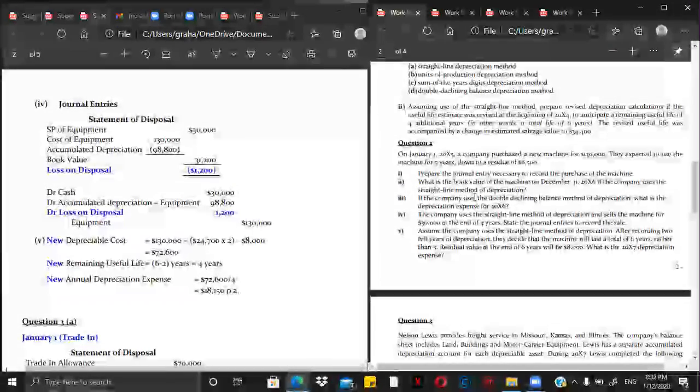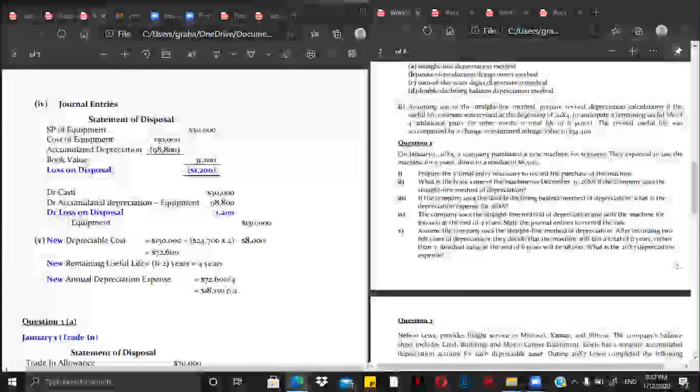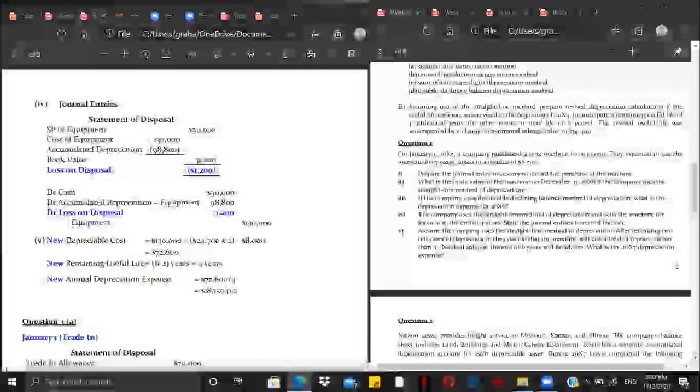And then, well, the new remaining useful life was already given in the question. Because we're revising it at the end of year 20x4, we're going to say the initial net book value, which was 360,000, minus the depreciation, which is 66,800, multiplied by 2 for the years that would be left, which is 20x5 and 20x6.